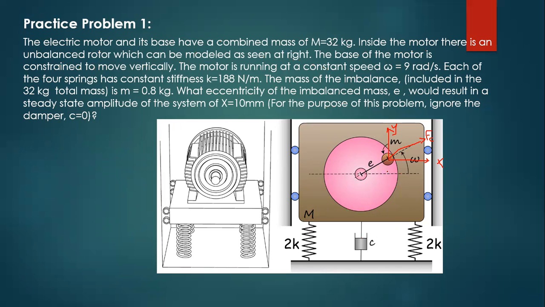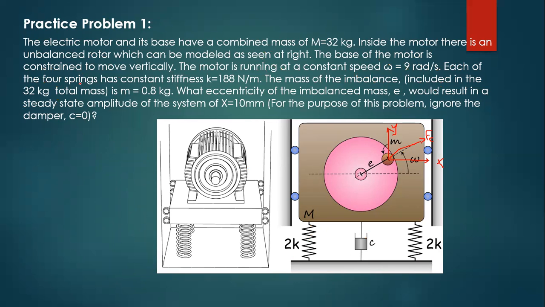Here we have a small mass at eccentricity e. The base of the motor is constrained to move vertically. The base is here, and this is the foundation of the base. The motor is running at a constant speed of omega = 9 rad per second.